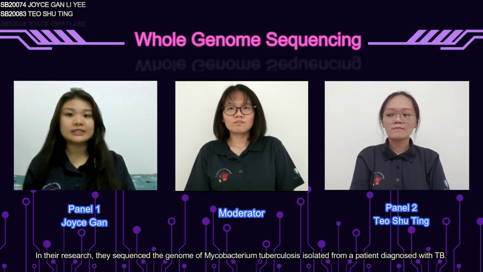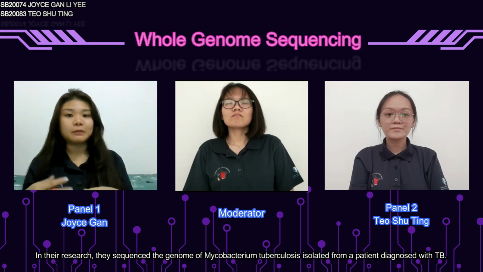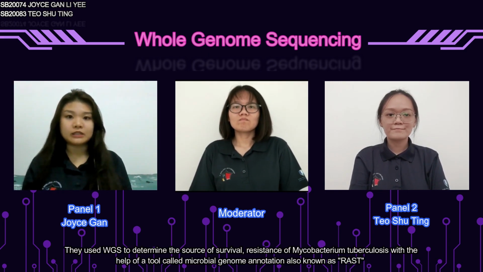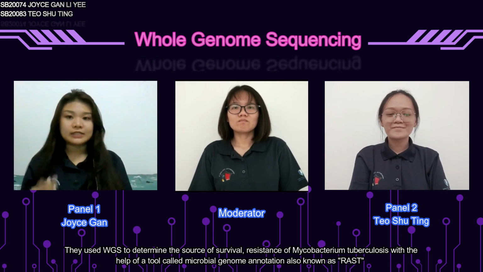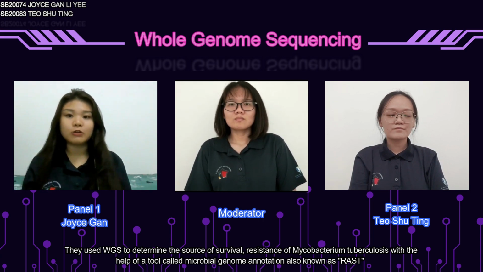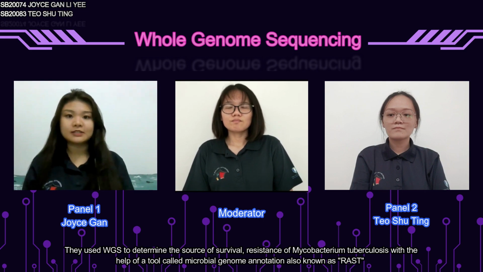In their research, they sequenced the genome of Mycobacterium tuberculosis isolated from a patient diagnosed with TB. They used WGS to determine the source of survival and resistance of Mycobacterium tuberculosis with the help of a tool called Rapid Annotation using Subsystem Technology, also known as RAST.